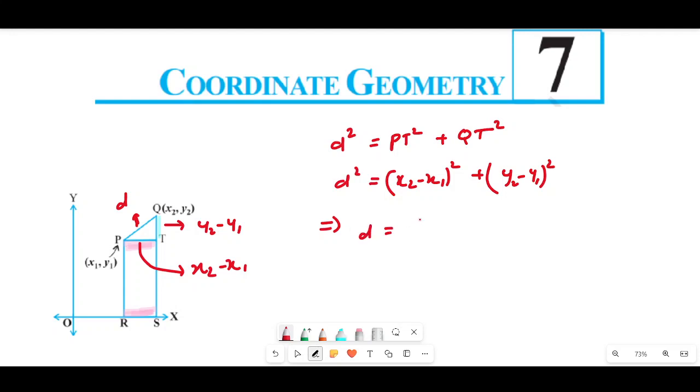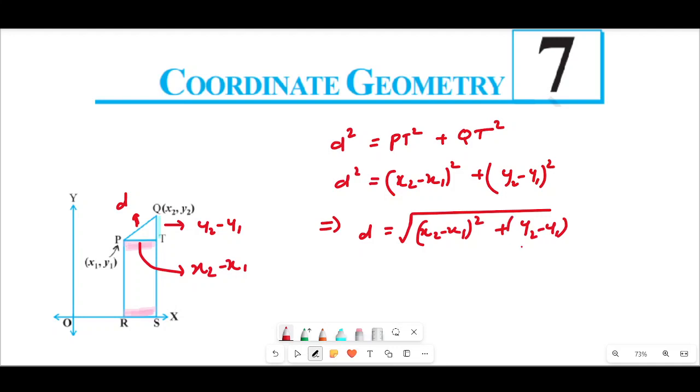We can write in another way: D equals square root of x2 minus x1 square plus y2 minus y1 square. Clear? This is the distance formula.